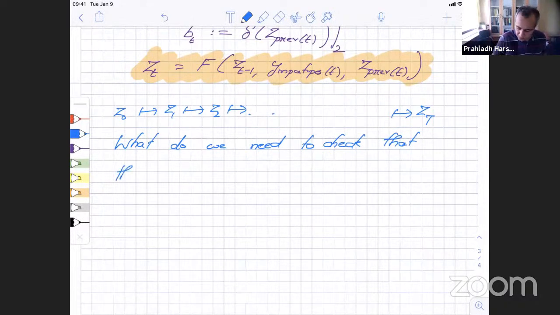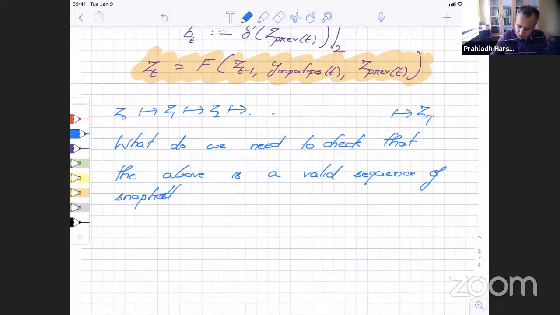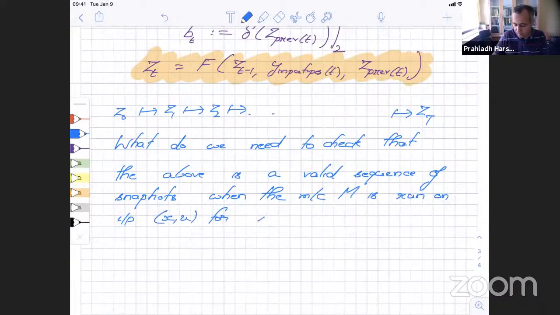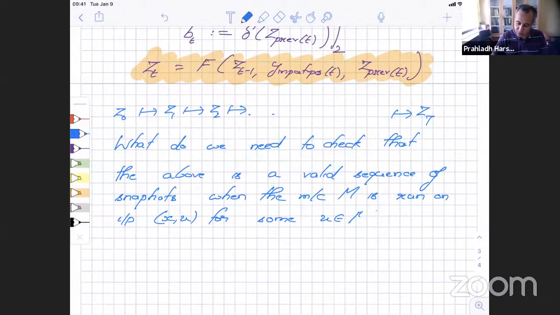That the above is a valid sequence of snapshots when the machine M is run on input x, u for some u.